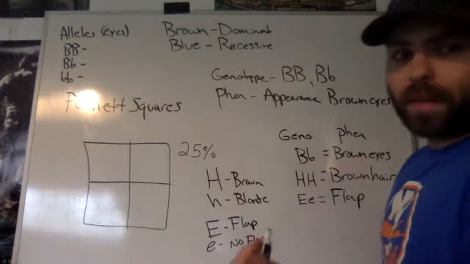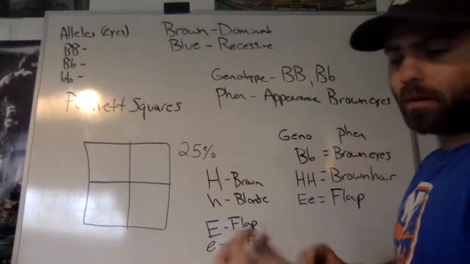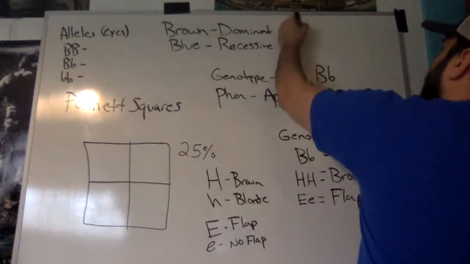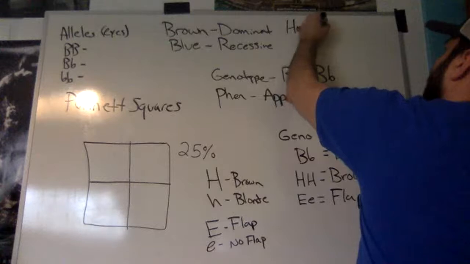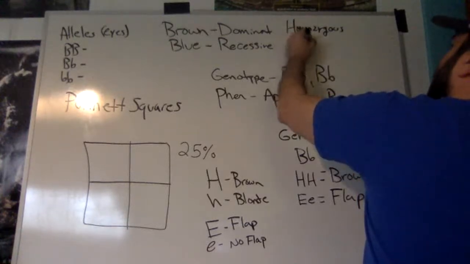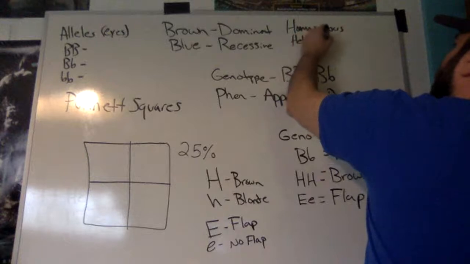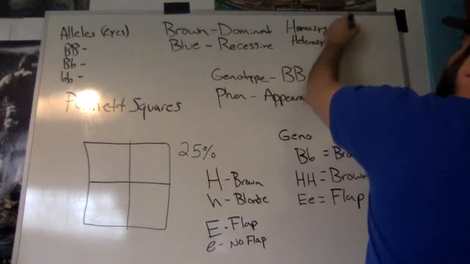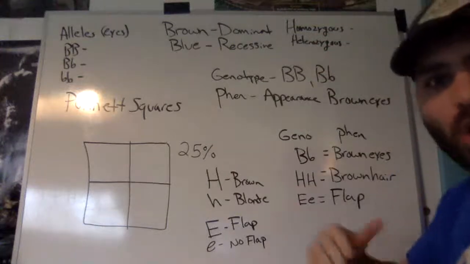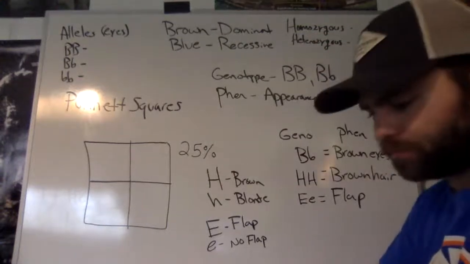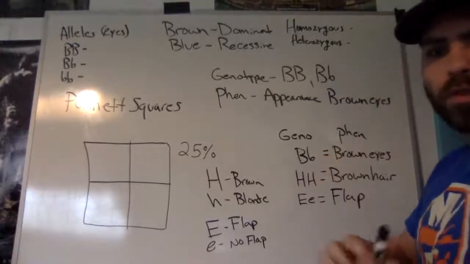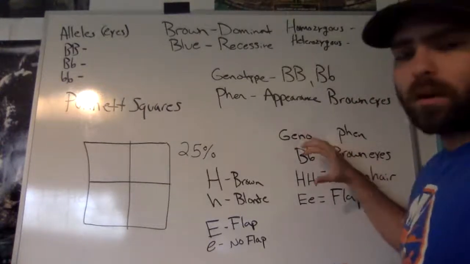All right, so the other thing that we just got to go over really quick is homozygous and heterozygous. Okay. So homozygous, are you same or different with your alleles that are getting passed on?